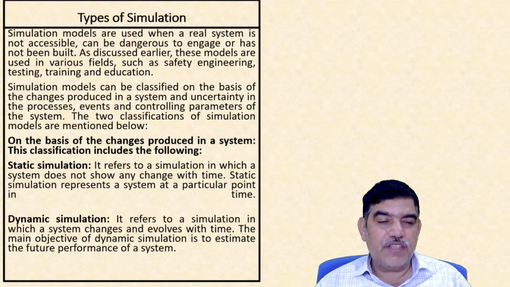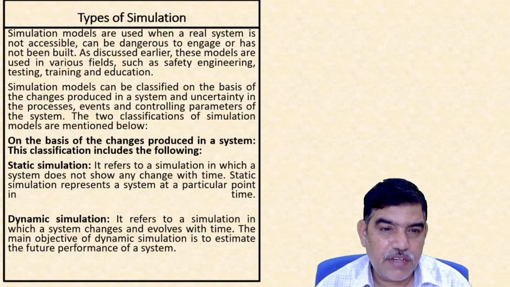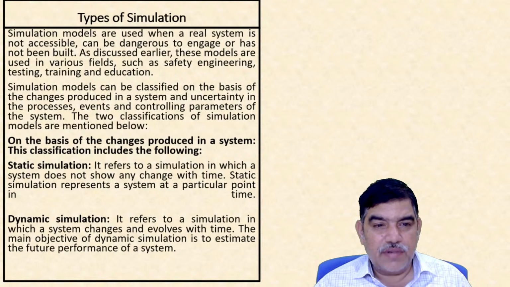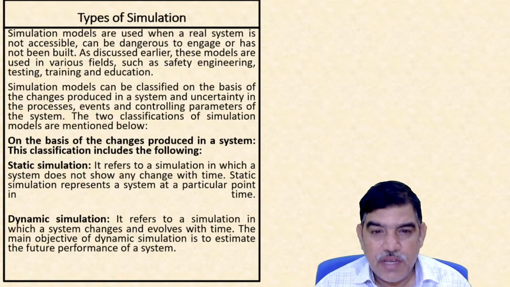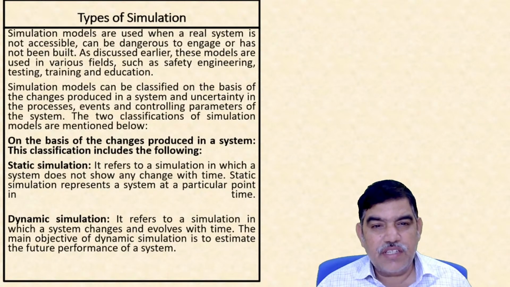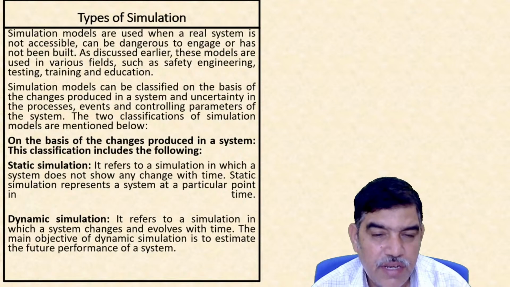The first classification is on the basis of the changes produced in a system. This classification includes the following. Static simulation. It refers to a simulation in which a system does not show any change with time. Static simulation represents a system at a particular point in time.